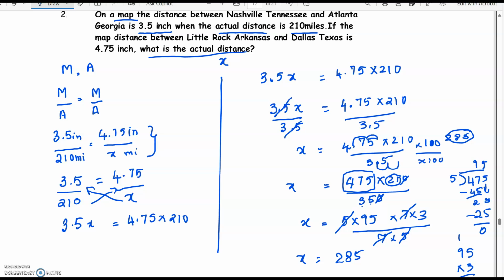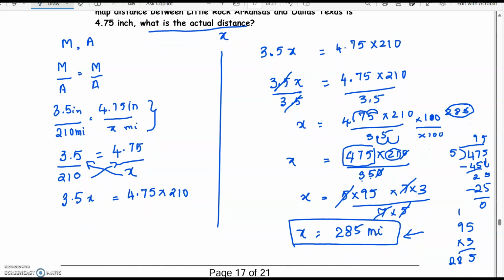Using the same ratio, we can say that if the map distance is 4.75 inches, then the actual distance is 285 miles. And does it make sense in your head that 3.5 inches, sorry, is 210 miles, and 4.75 inches should be a little larger. And that makes sense, but you can always go back and check your calculations, make sure it's correct.